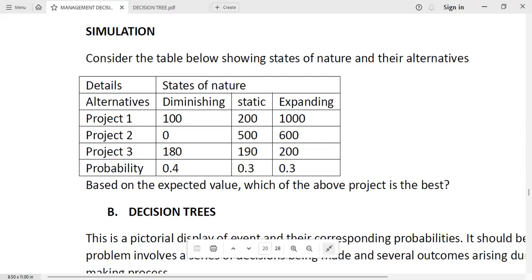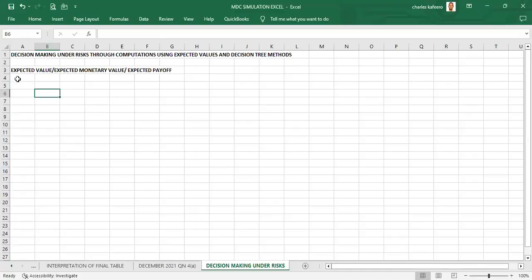So let's go to the Excel sheet and we'll finalize this very fast. So project one is going to be the outcome, the payoff, which is 100. We multiply that by the probability of 0.4.